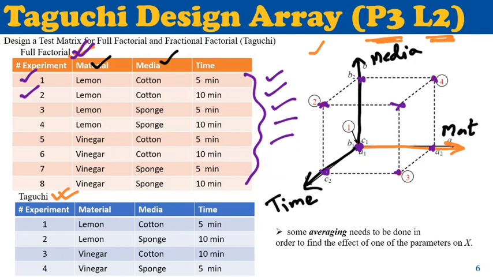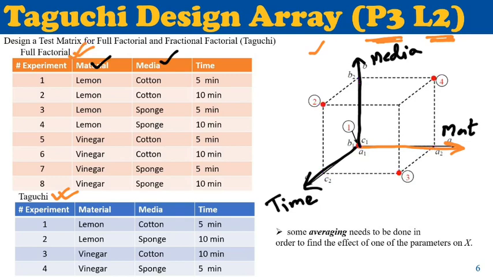Taguchi said that instead of running the 8 tests, you only can run this one, this one, this one, and that one, and you can get away with it. You don't have to do the other four. So for P3L2, you can reduce your number of experiments needed by half. Instead of 8, you need 4.